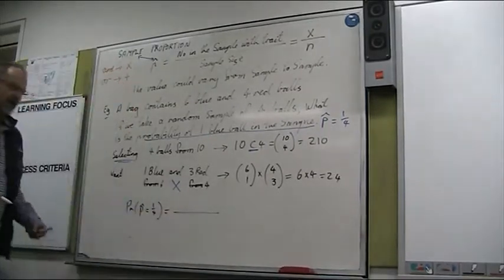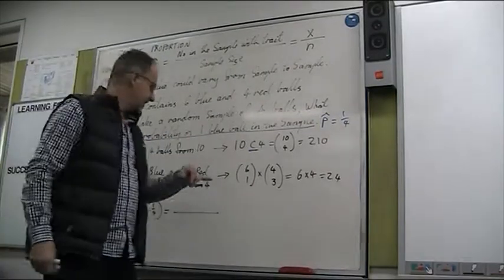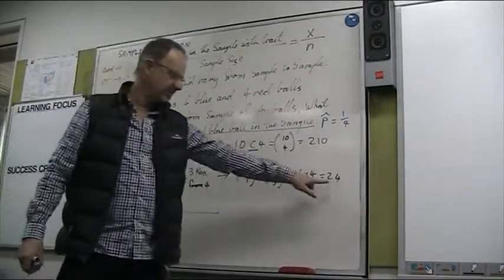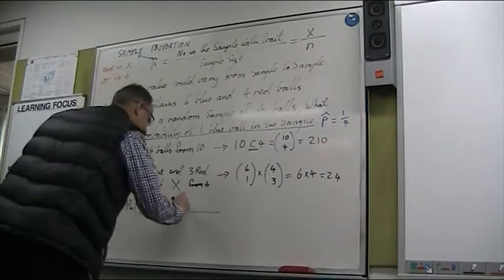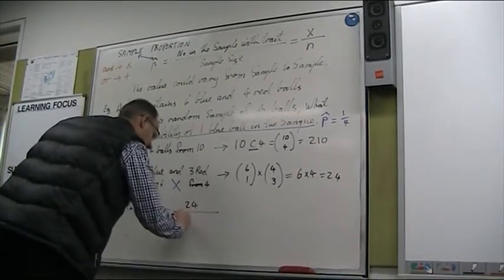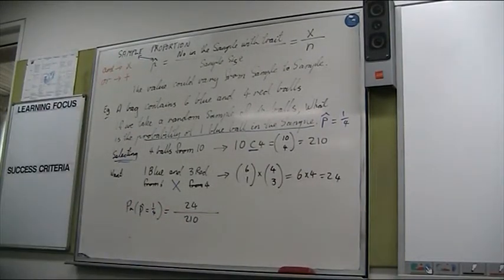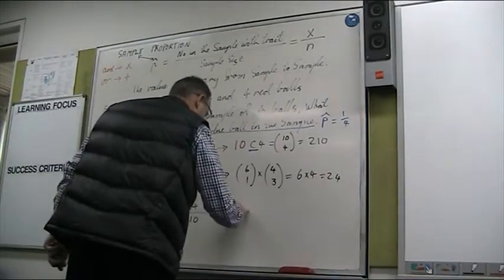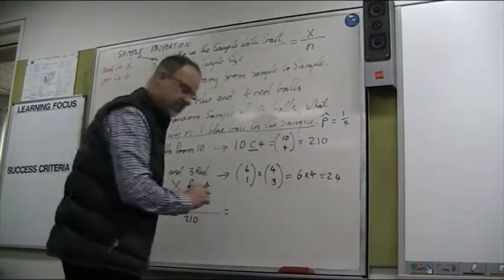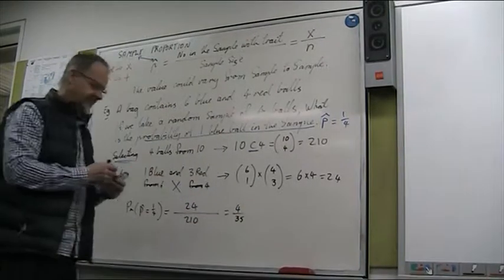We found we can get one blue ball in 24 ways out of the 210 ways we can select 4. Then you can cancel that down: 6 goes into the top and the bottom, and you end up with 4/35.